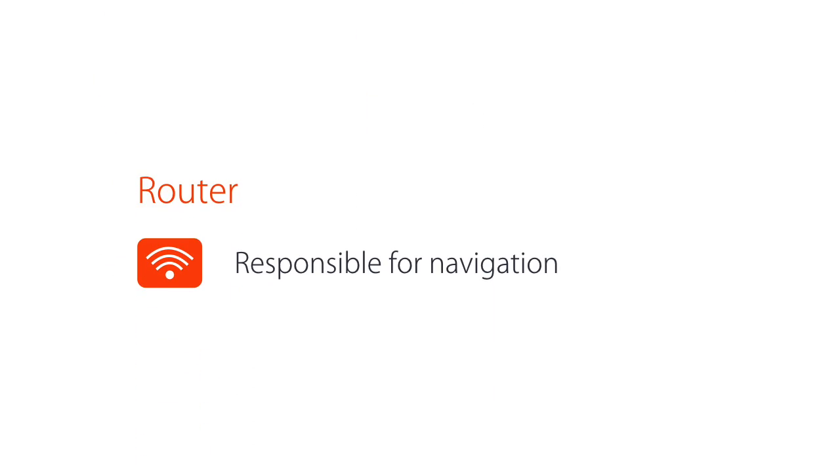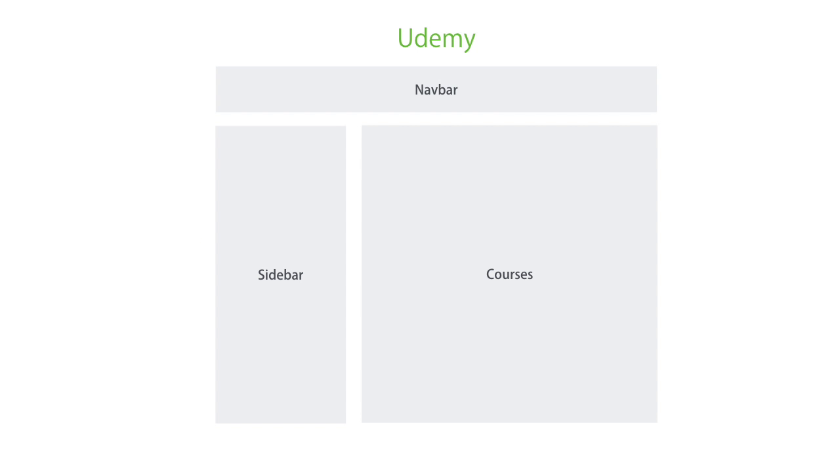We have another key player in Angular apps, and that's a router, which is purely responsible for navigation. So as the user navigates from one page to another, it will figure out based on changes in URL what component to present to the user. You will learn more about this in the section titled Building Single-Page Apps.